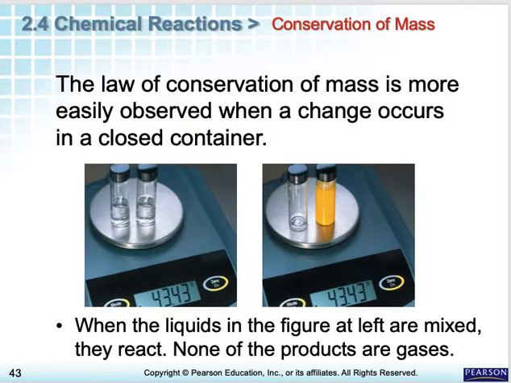So here we have a balance showing our two reactants in two different vials, and the mass of the vials and the reactants is 43.43 grams. If I were to pour the reactant from the vial on the left into the vial on the right and remass it, I see that I've had a chemical change occur, but the mass is still the same.